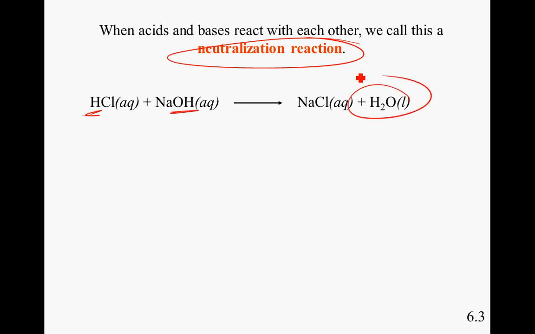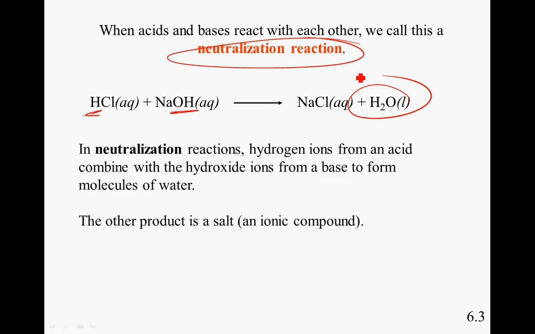Water is neutral, and since the reaction forms water, this is why it's called the neutralization reaction. The other product is a salt, which is another word for an ionic compound. The remaining positive and negative ions from the reactions come together to form that salt.